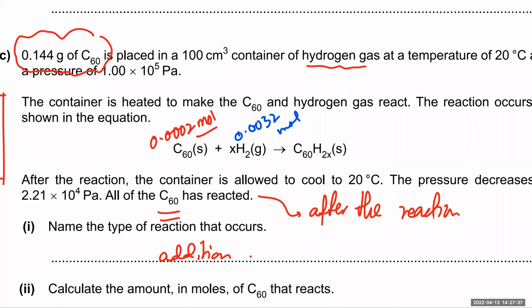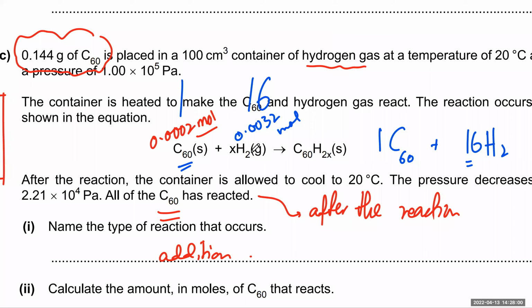This is 1:16. So that means that one C60 reacts with 16 H2 gas molecules. So the value of X comes out to be 16.